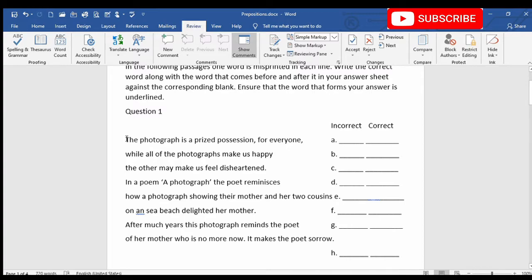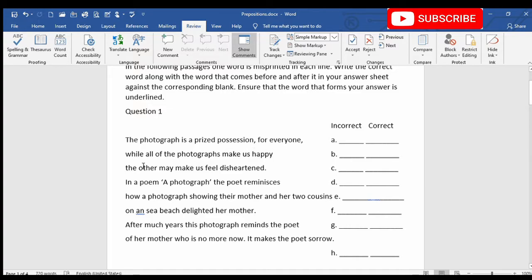So students, you will take your notebook and you will write down the wrong word and then the correct word. This word "the" will become "a". A photograph is a prized possession for everyone.